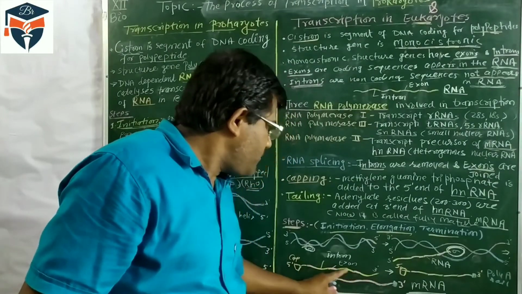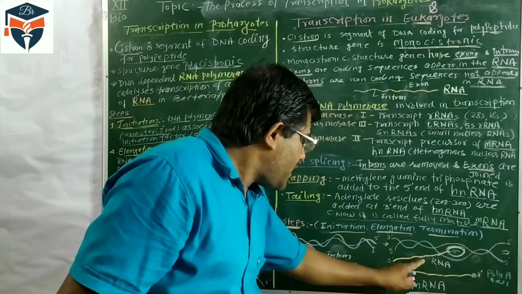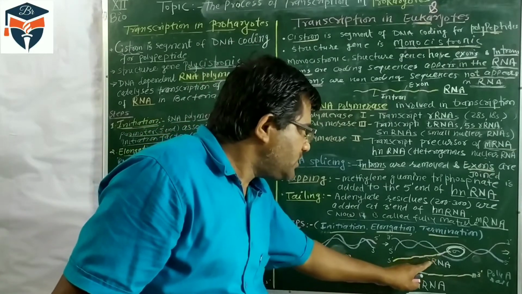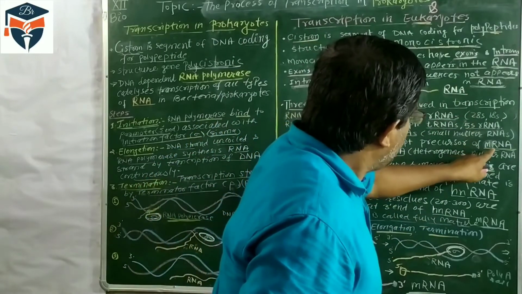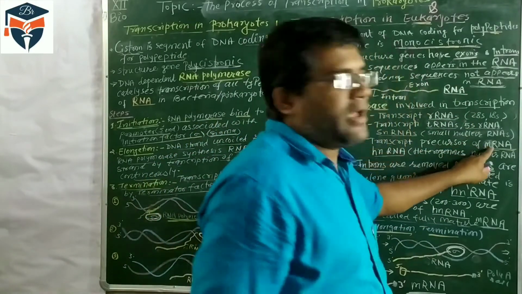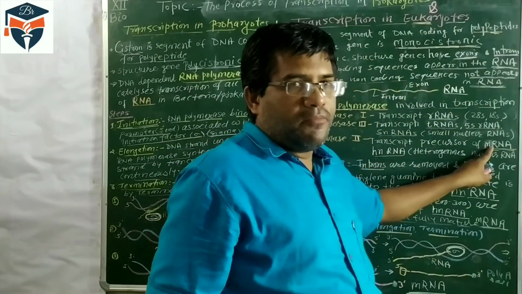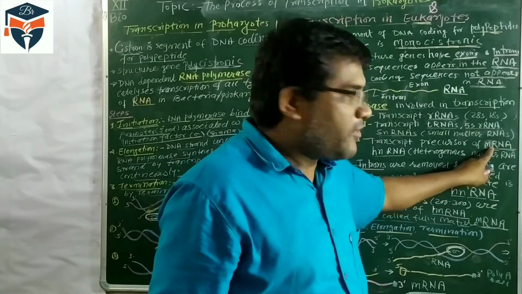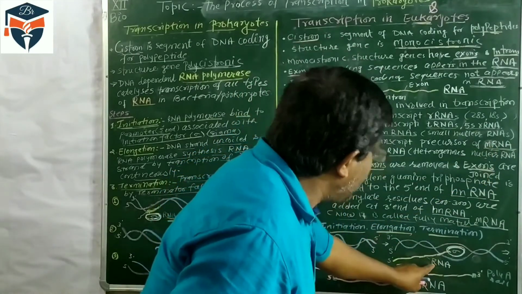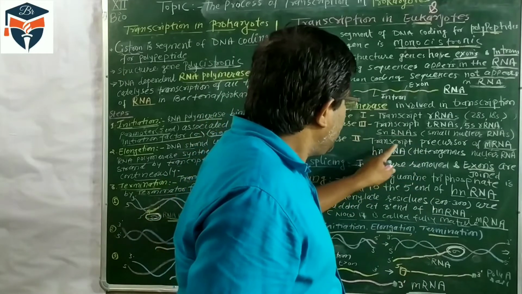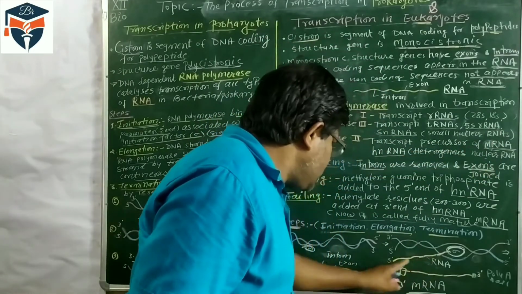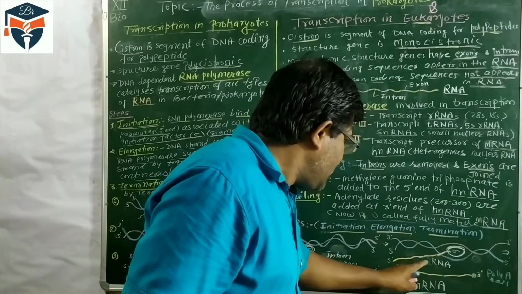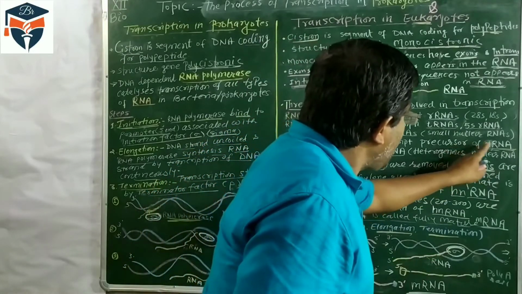This is the initial RNA, and it is called the precursor of the mRNA. The fully formed mRNA molecule is not yet formed, so it is said the RNA is formed. This RNA is a precursor of the mRNA.